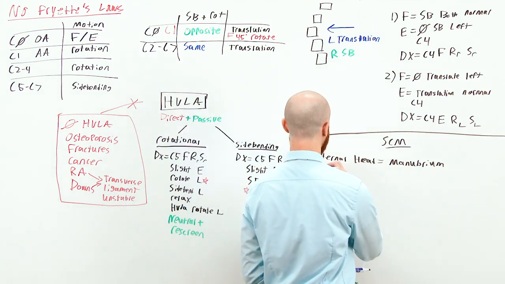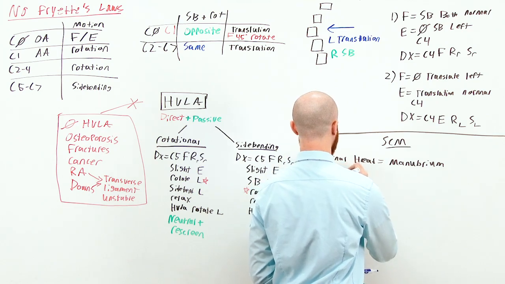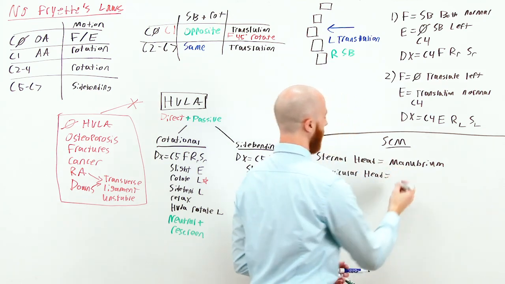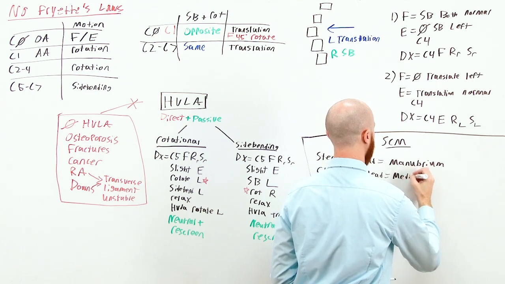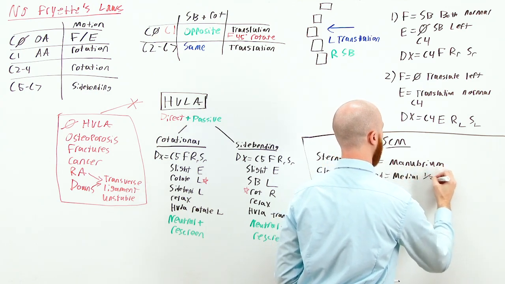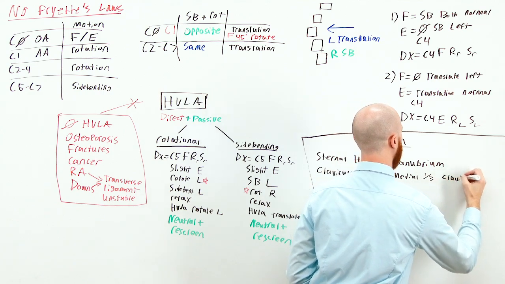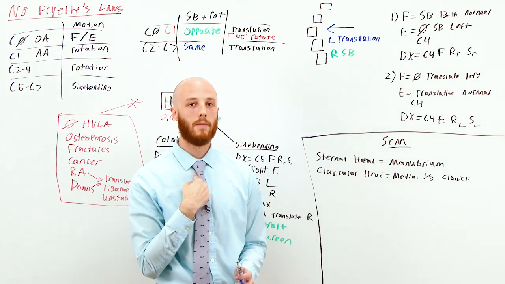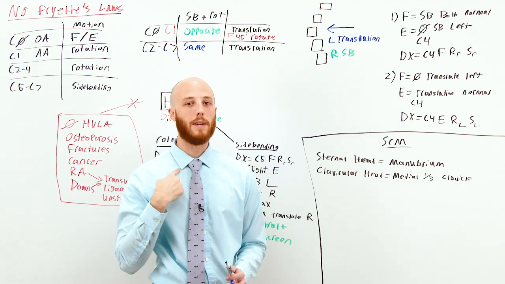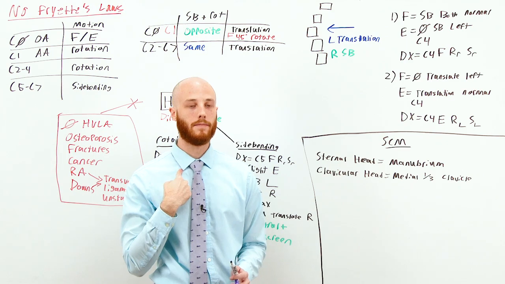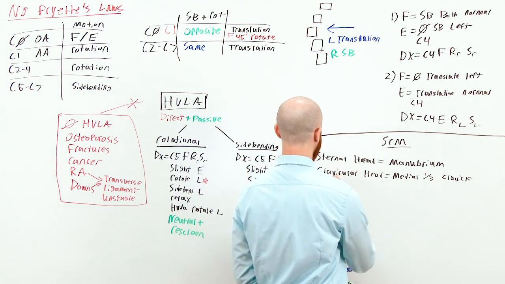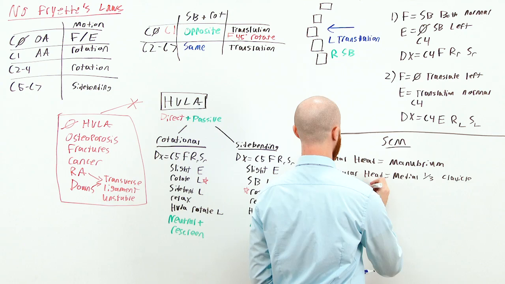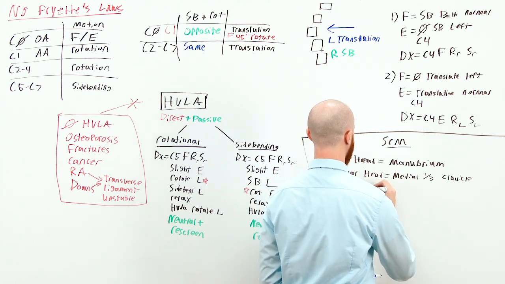And you have the clavicular head, which originates on the medial 1/3 of the clavicle. So the sternal head originates on the manubrium. The clavicular head originates on the medial 1/3 of the clavicle. The attachment is going to be the mastoid process.